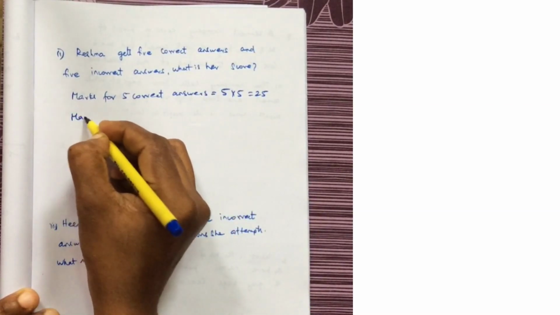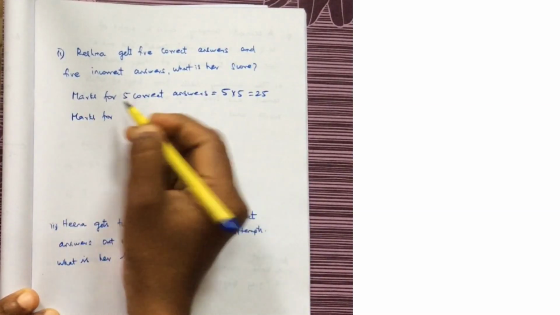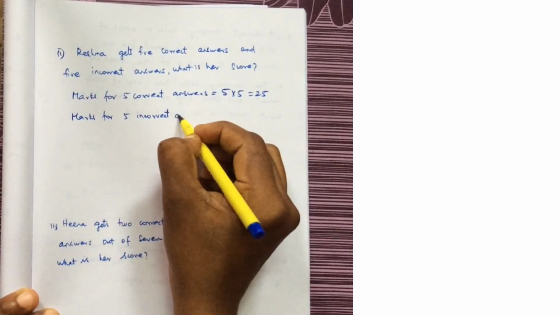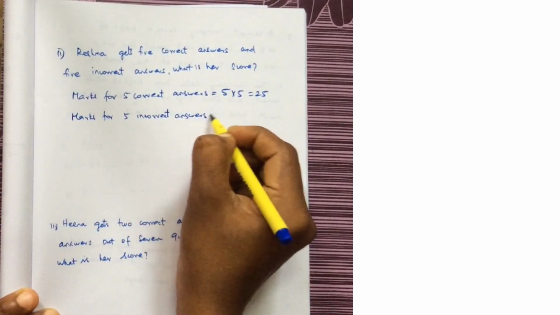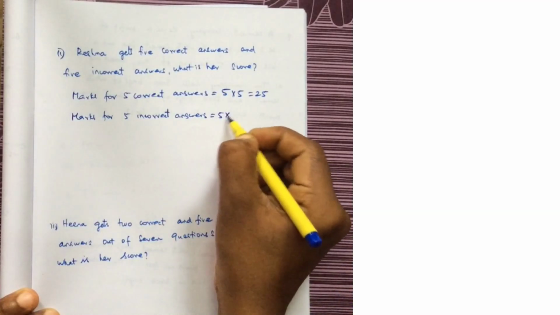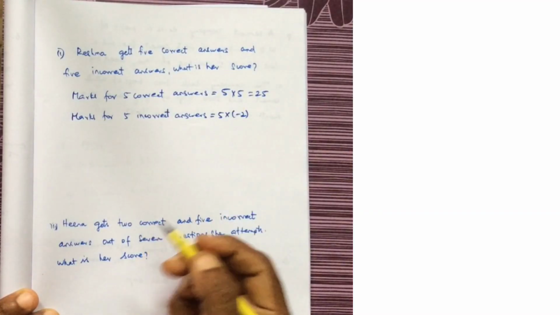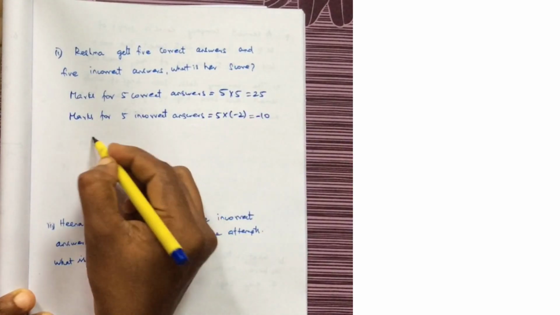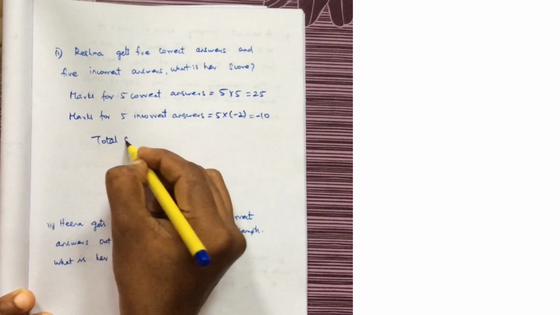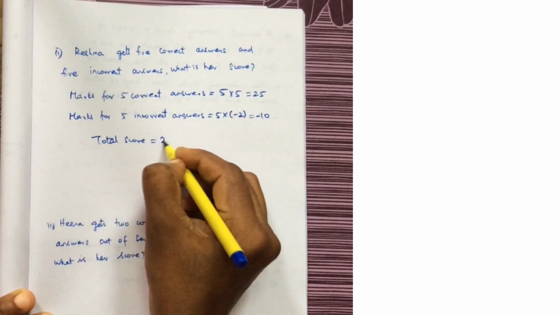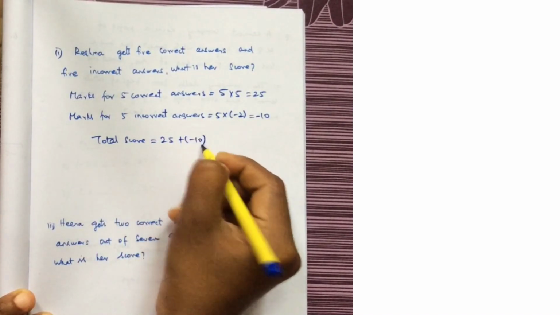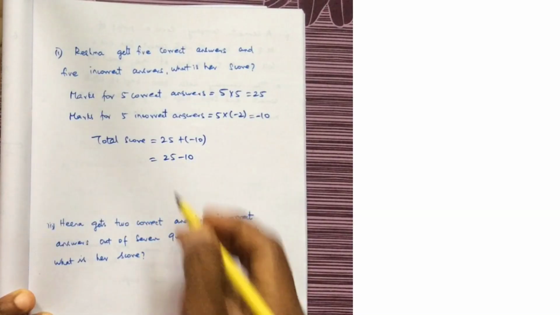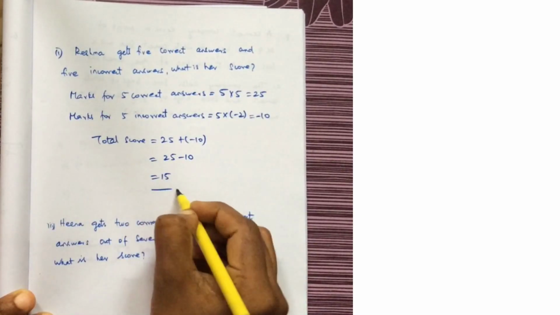Marks for 5 incorrect answers, so 5 multiplied by minus 2, that is 5 twos are 10, with a minus sign. So total score equals 25 plus minus 10, that is 25 minus 10, that is 15.